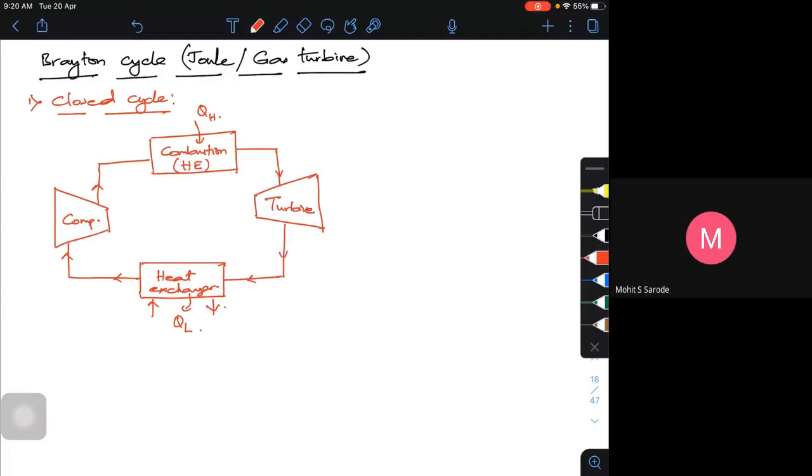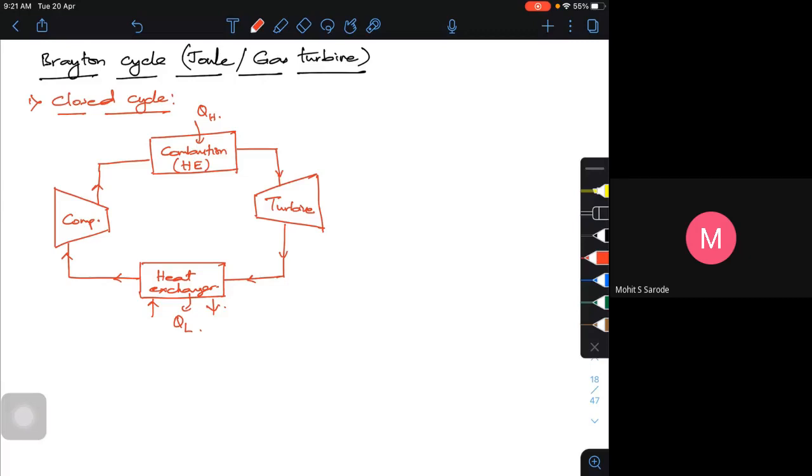The working fluid is recirculated and will not escape to the atmosphere. This kind of cycle is called a closed cycle gas turbine cycle or a closed Brayton cycle.